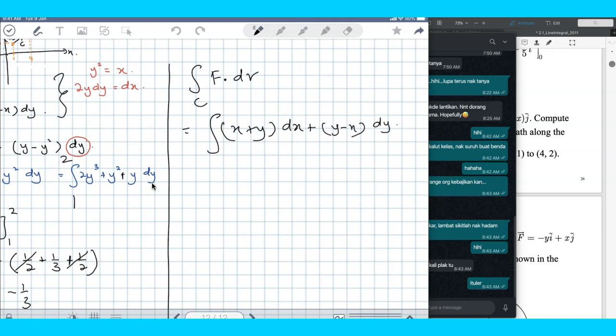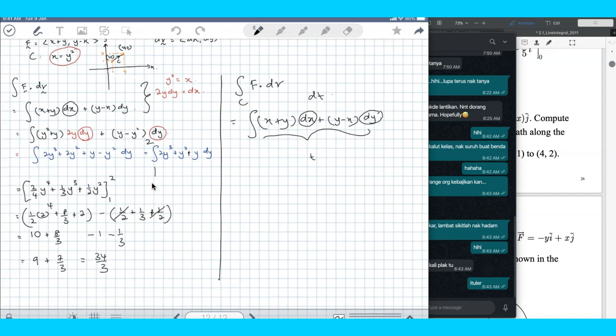Then you can convert everything in terms of t, and instead of dx and dy, you have dt. But for this you have to have the r function in terms of t, the vector function of the curve, but it is not so complicated.